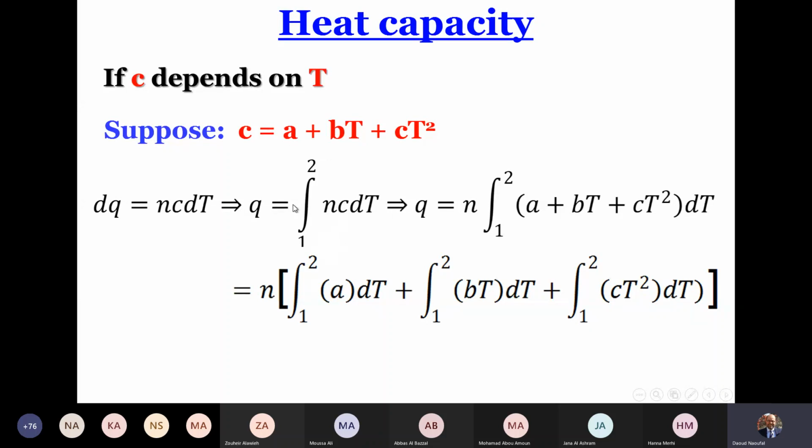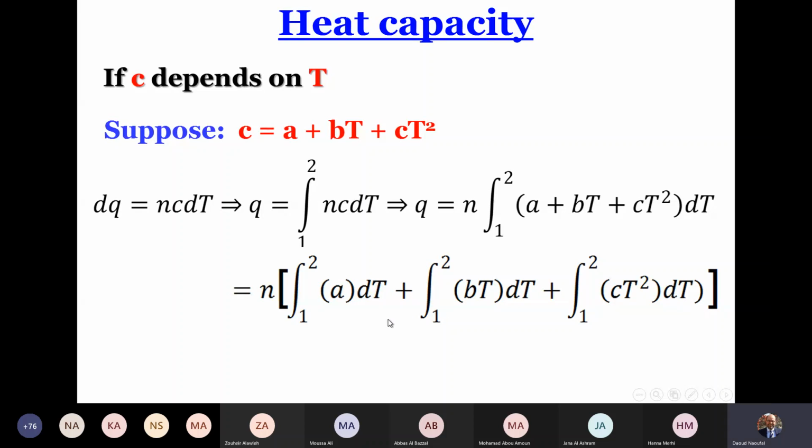N is constant, so we put it outside the integral, but C is not constant, so you have to put C as a function of the temperature, and we solve this integral from 1 to 2 of A plus BT plus CT² dT. So it equals N times the integral of A dT plus the integral of BT dT plus the integral of CT² dT.